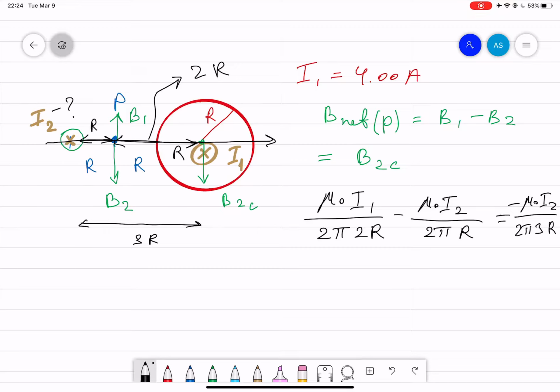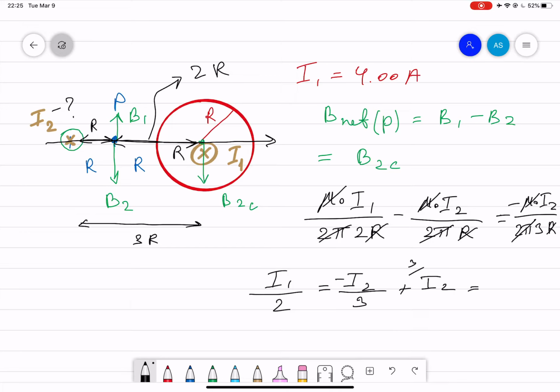From here we can cancel all the 2 pi's, we can also cancel the r, and we can cancel the mu naught. That means we get I1 divided by 2 is equal to negative I2 divided by 3 plus I2.